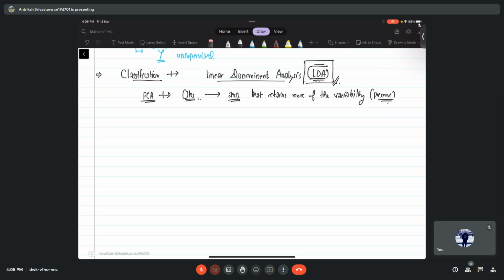So when we transform these observations to such an axis, we could forego some of the new axes which were not giving much information, not having much variability.